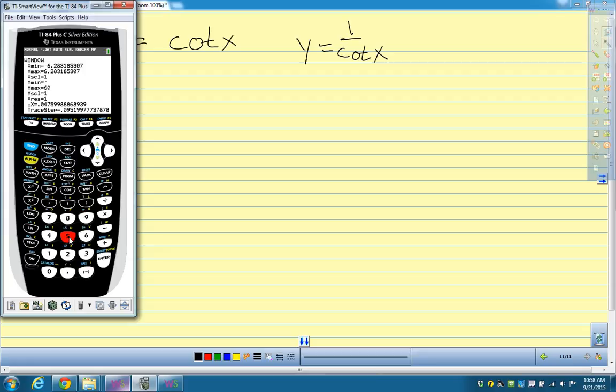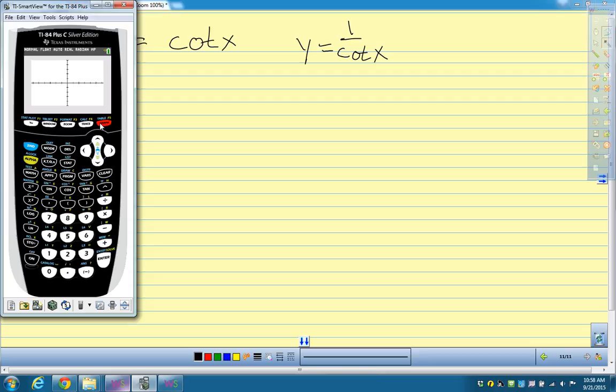So I'm gonna go from negative 5 up to positive 5, and then I'm gonna plug in that equation. Y clear. So y equals tangent of x. I could do cotangent of x. Y equals 1 over tangent of x. And if I hit graph, I get this thing. Okay?